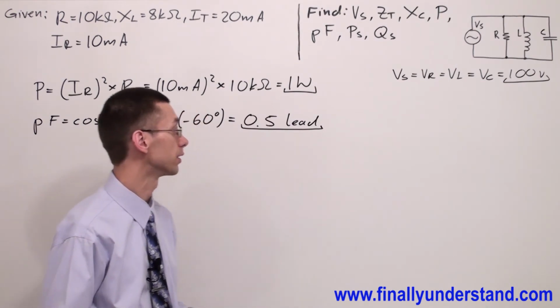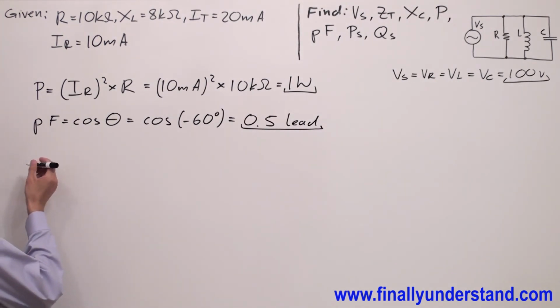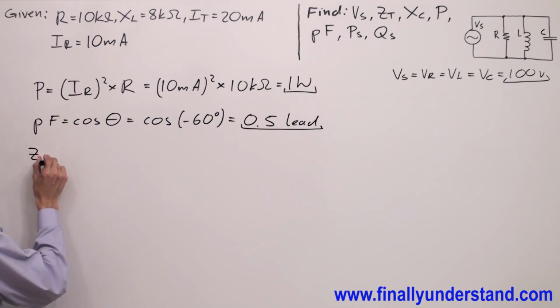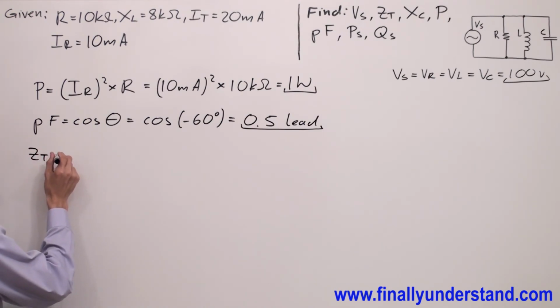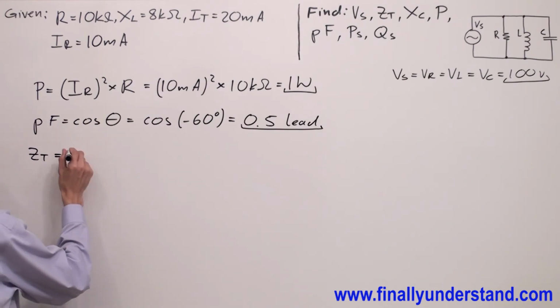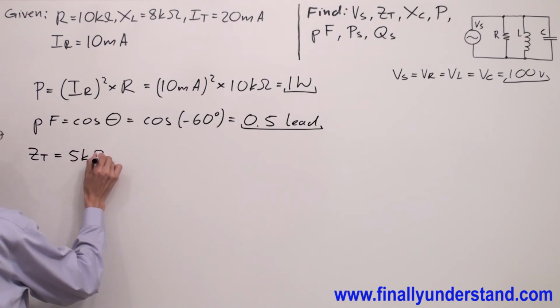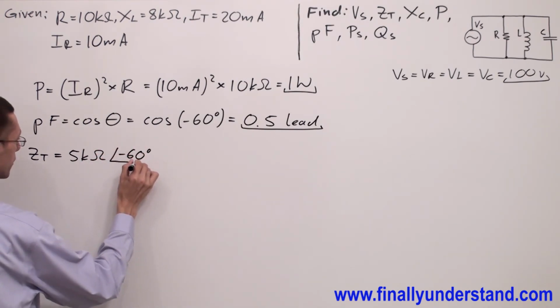Next, I'm supposed to find the power at the resistor in the series equivalent circuit. In order to find the values of the components for the series equivalent circuit, I'm supposed to convert total impedance to the rectangular form. So I have Z total, we found, is equal to 5 kiloohms and angle of negative 60 degrees.